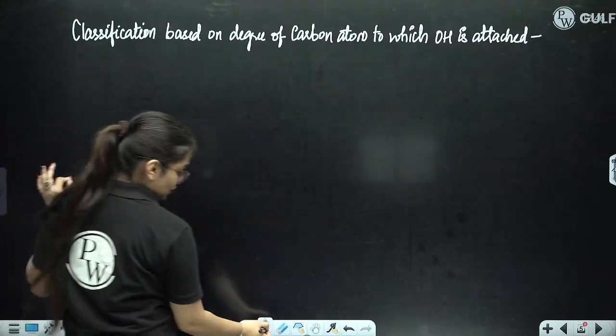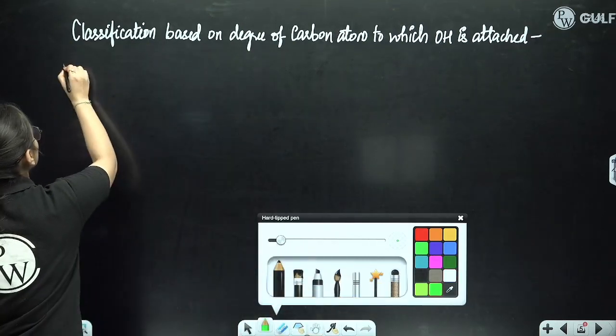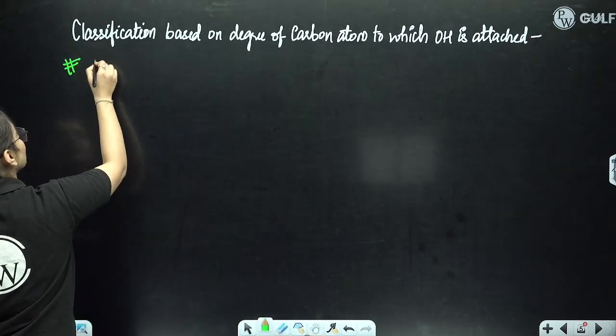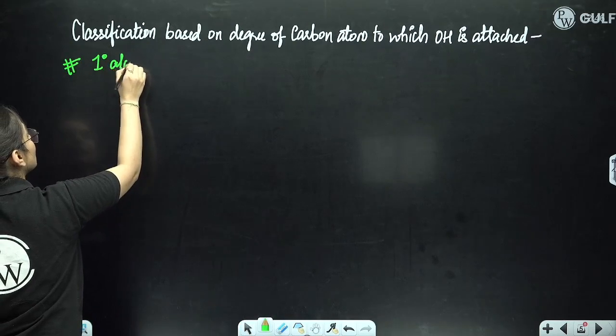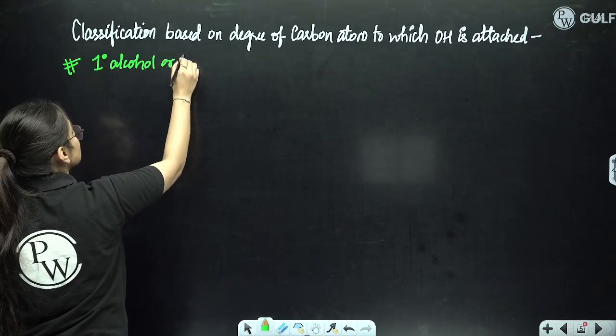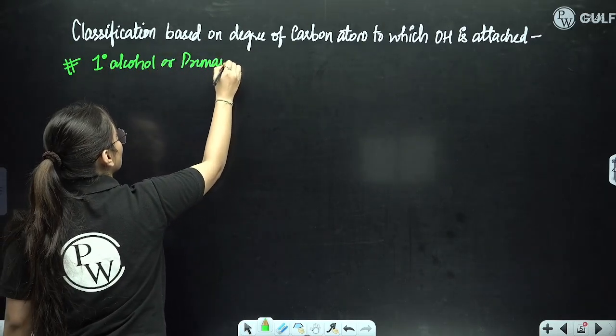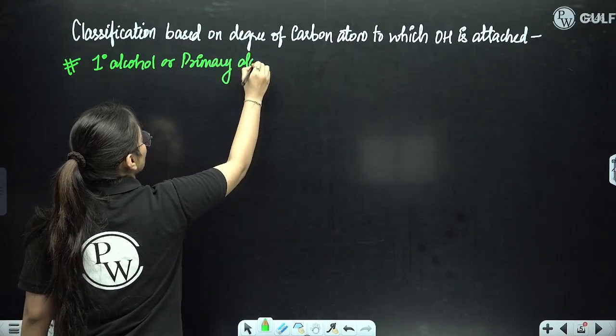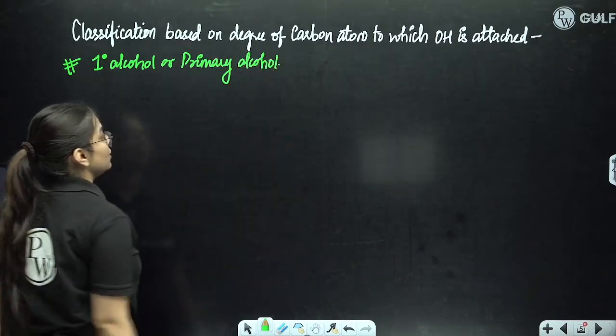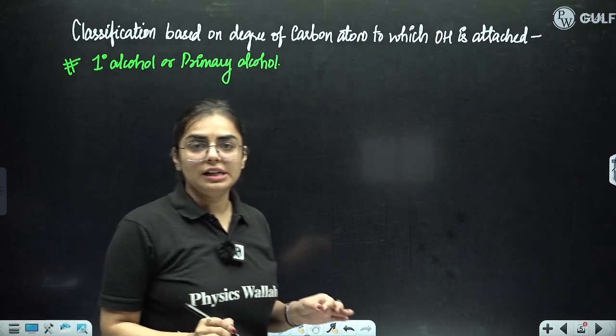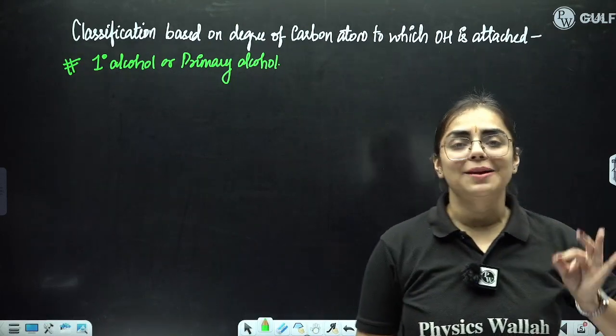So the very first over here, students, is going to be 1 degree alcohol, or I would say primary alcohol. It is that alcohol in which the OH group is attached to a primary carbon.